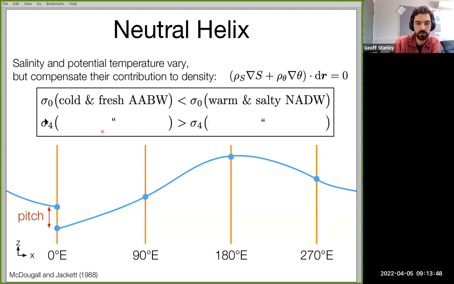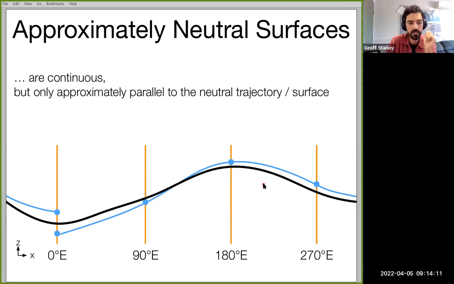But that's only true if you evaluate their densities at some deep pressure, like say here, 4,000 decibars. But if you compare their densities at the surface, Antarctic bottom water is colder and fresher than warm and salty North Atlantic deep water. And it turns out at the surface, the North Atlantic deep water is actually denser than Antarctic bottom water. So this pitch that we had here, this is pretty unlivable.